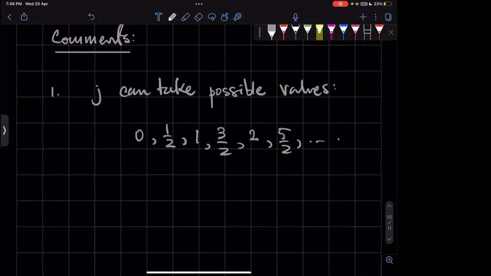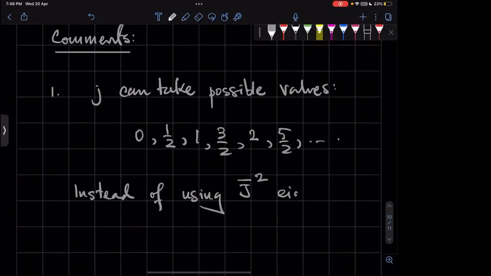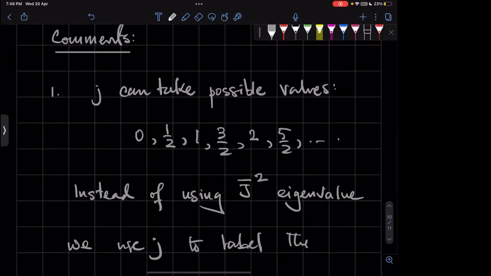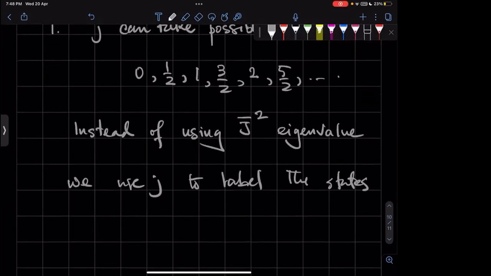And instead of using the J squared eigenvalue, we use J to label the states or vectors, even though J is not an eigenvalue of any operator.